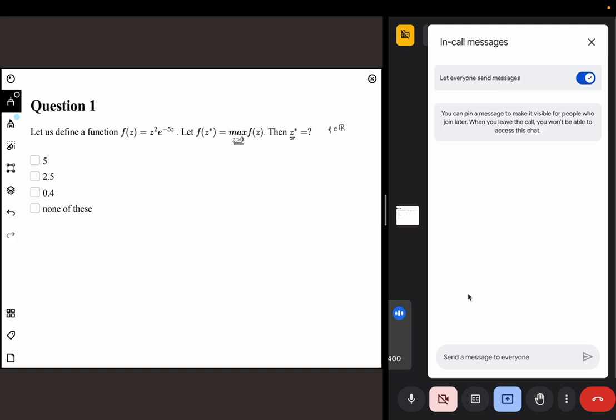In that particular case, the first thing we have to see is that z belongs to R, which is an open set. The next thing I have to check is whether this function is continuous and differentiable. It is continuous and it is differentiable.